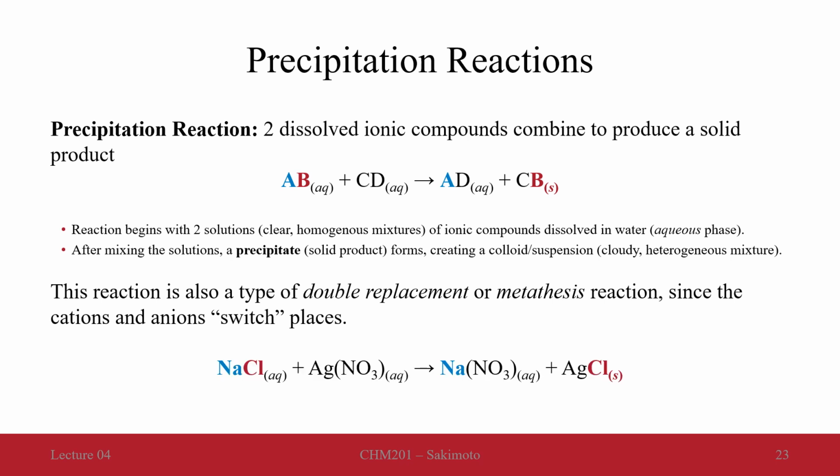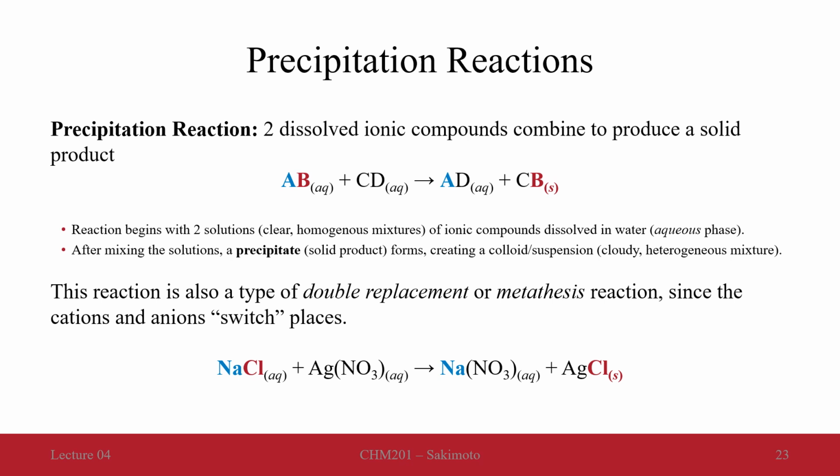An example, quite a common one, will be if you take an ionic compound dissolved in water, like table salt, sodium chloride, NaCl. This appears as a clear, colorless liquid. Silver nitrate, Ag+, and our polyatomic anion nitrate, NO3-, is another ionic compound which dissolves in water in the aqueous phase and appears as a clear, colorless, very boring solution. When I mix these together, I have a precipitation reaction.